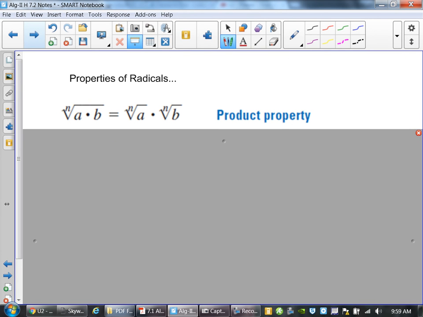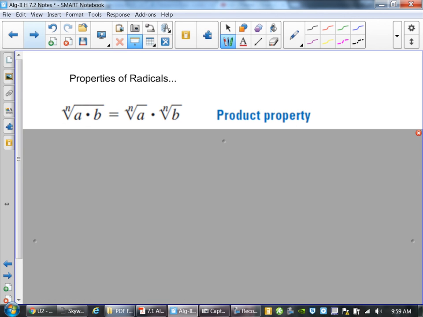Same idea with radicals. And you probably have done this. I know you've done this because I know that each and every one of you has simplified the square root of 8 before. What's the perfect square that's hiding in the square root of 8? 4.